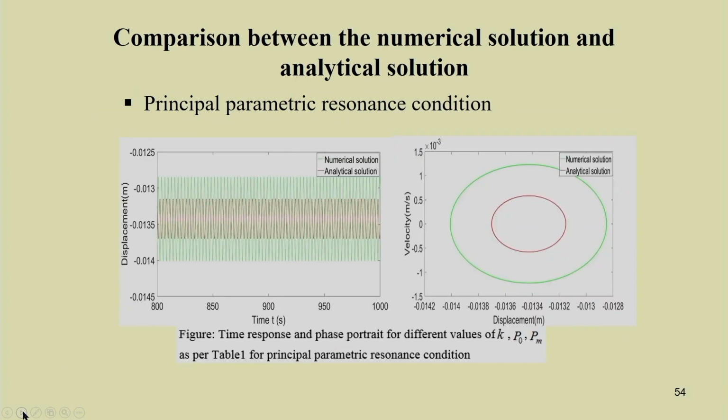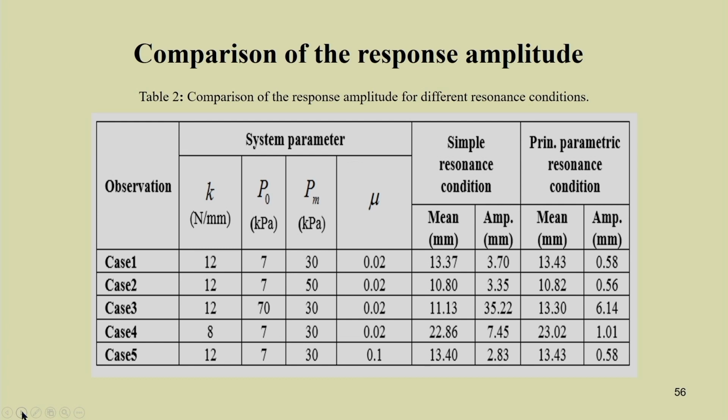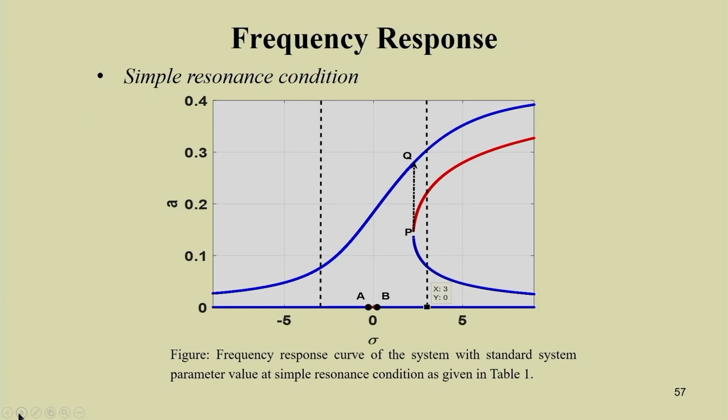Similarly, in case of principal parametric resonance conditions, you can study the responses. For different system parameters, you can compare the simple resonance and parametric resonance conditions. In case of simple resonance, this is the response curve you can get.